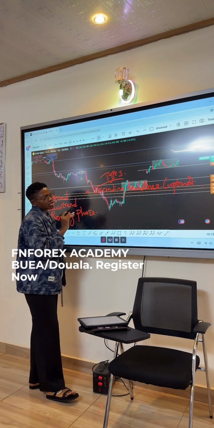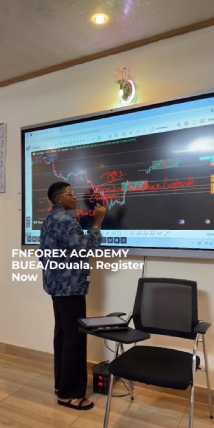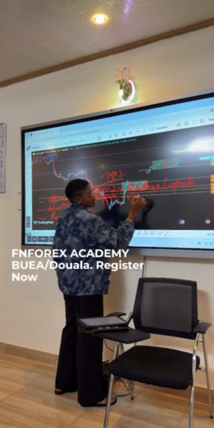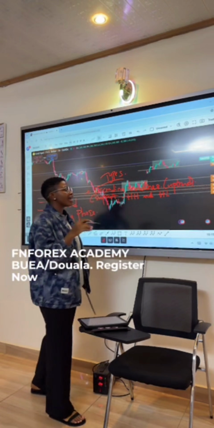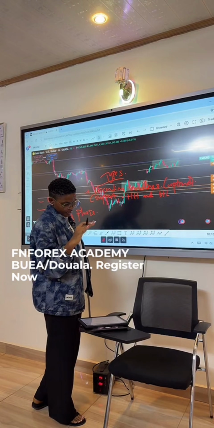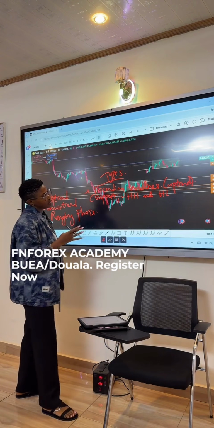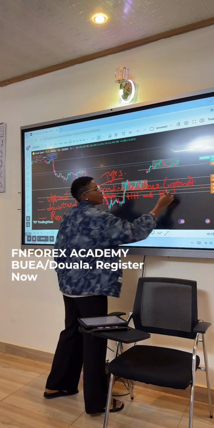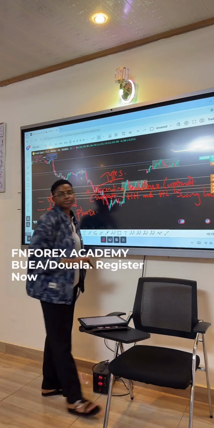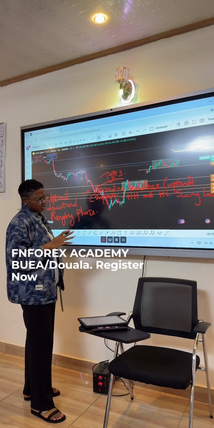It acts as support, connecting higher highs and higher lows, starting from a swing low.